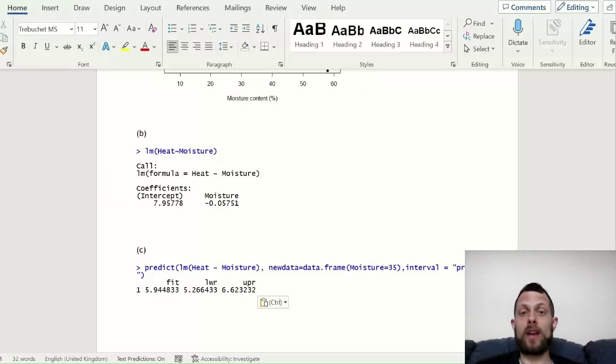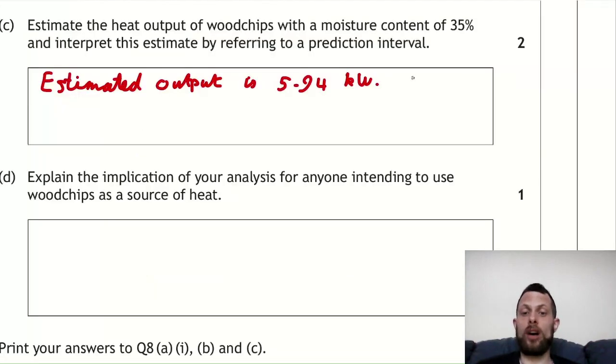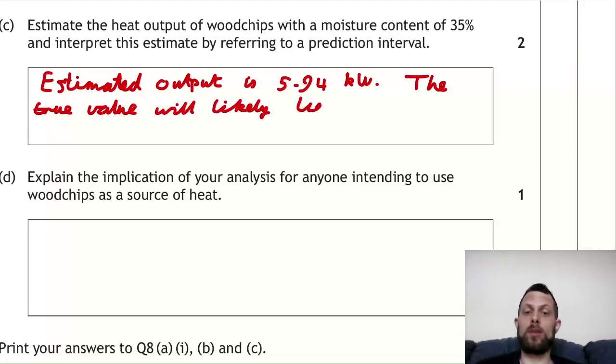So if you have a question like this which asks for prediction interval, one way of saying it is that the true value likely lies between the lower value and the upper value. And I don't think we need to give all of these decimal places. We'll just do something sensible, 2 decimal places. So the true value will likely lie in between the two values.